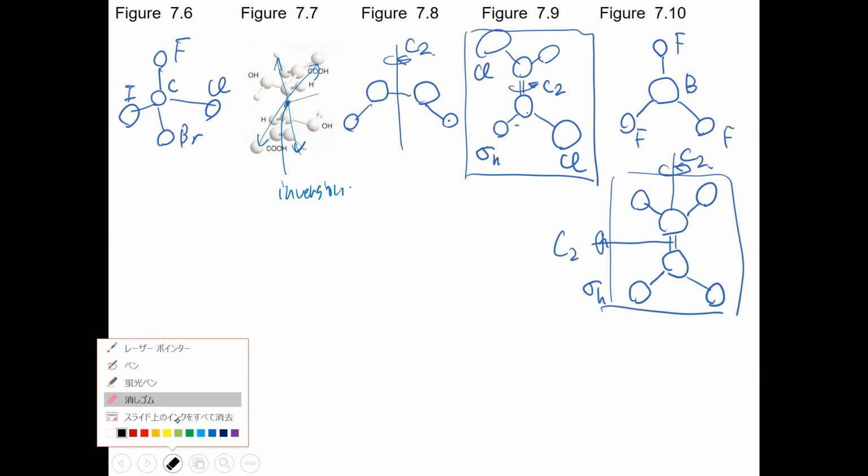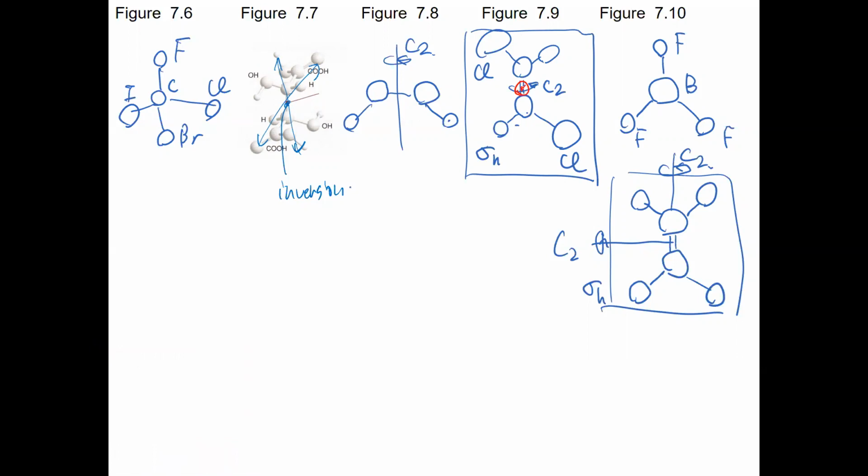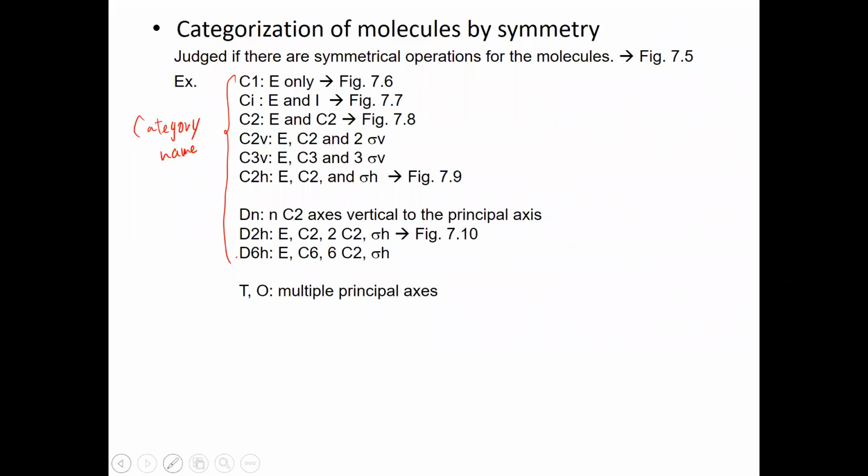So in this case, the axis is something like this, right? So a 180-degree rotation makes the molecule overlap again, and also you have the mirror operation perpendicular to the molecular axis, and you have a sigma h operation. In this case, you can categorize this molecule into C2h.